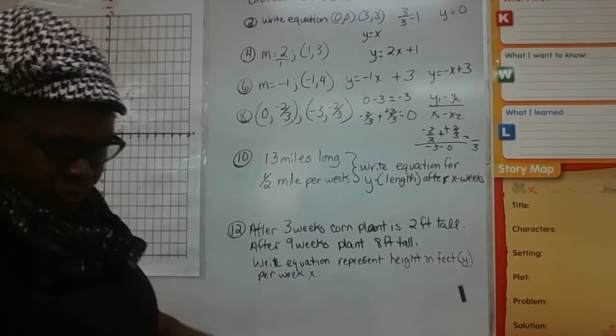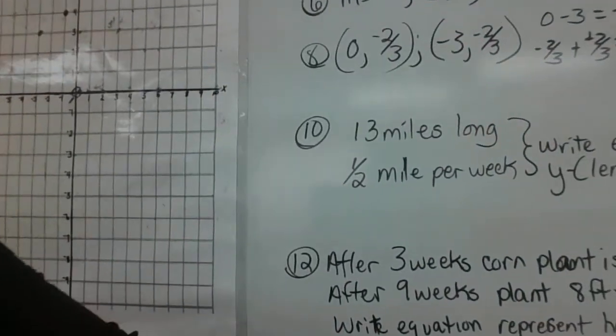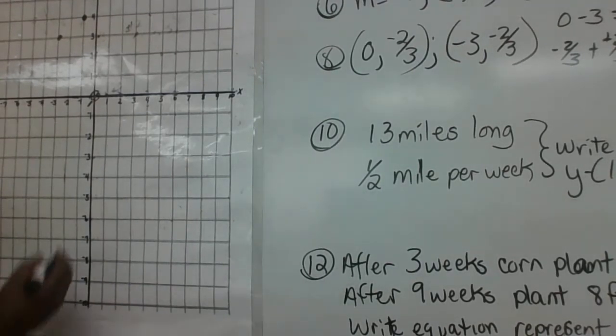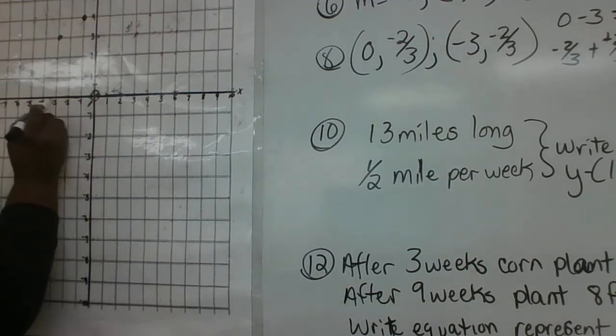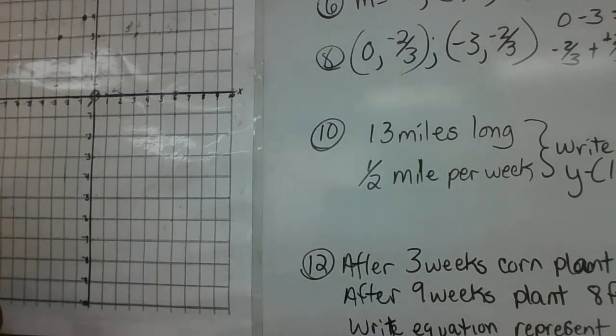I want to show it to you. If we're at 0, 2/3 here, it's a third right here. And if we're at -3, 2/3, here's the third right here, okay? So that is our line there.